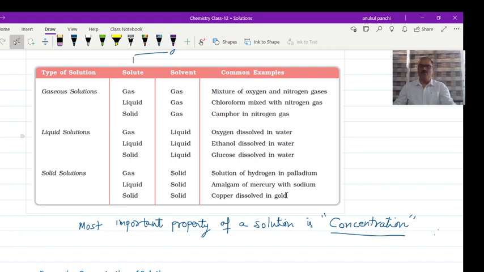So up to now, you are clear about what a solution is. A solution is a homogeneous mixture. Now, why are we talking about it in our first unit from the very beginning? Because solutions are very important in our life. Around us, we do not have pure substances.